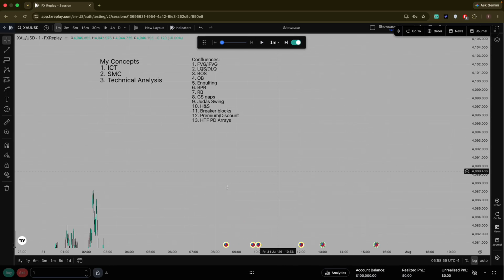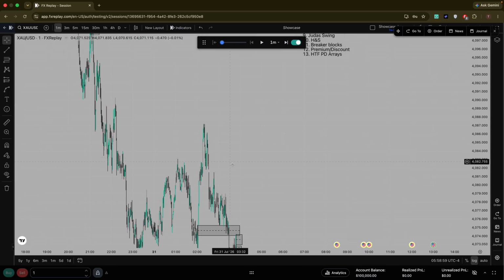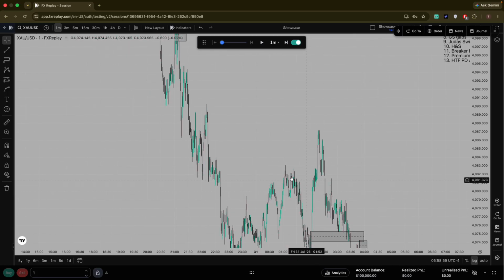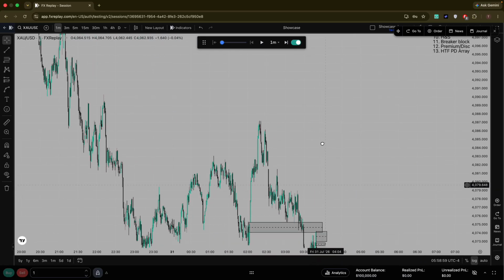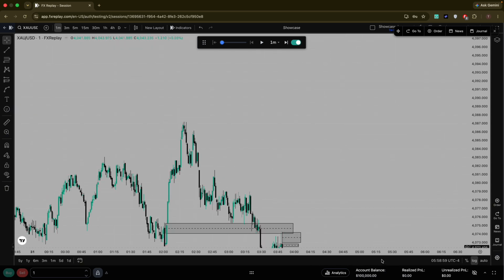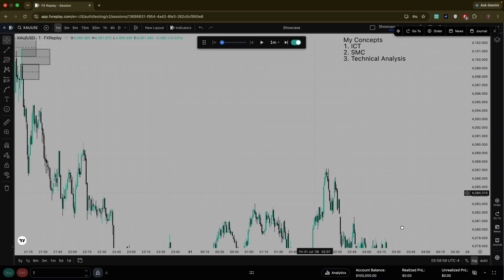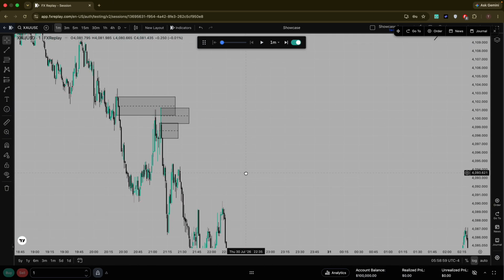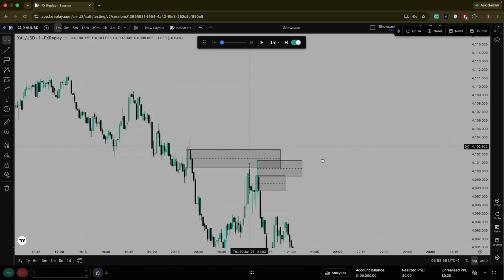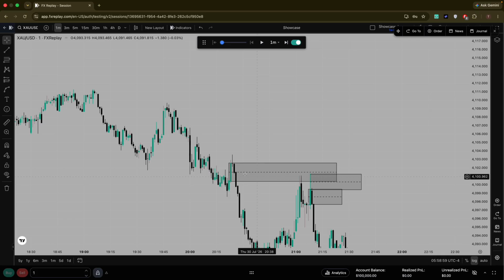Now, breaker blocks. Breaker blocks aren't complicated, but without much review of them, they can be kind of complicated. So let me see if I can find a decent breaker block here that you can use. I had it marked out. Yeah, we'll use this as a breaker block. Okay, so as you can see, price is creating lower lows and lower highs.